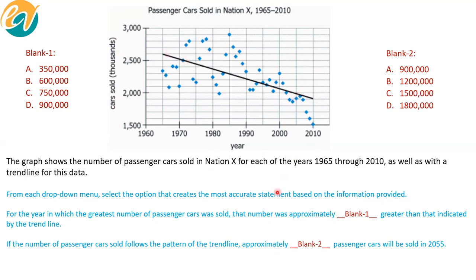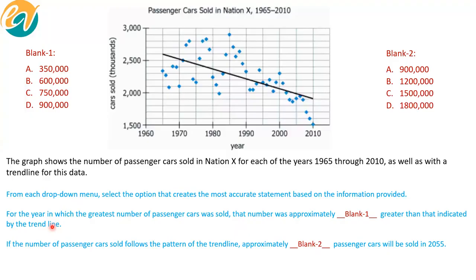And notice the trend line has already been drawn for you, so you don't have to visualize what the trend line would look like. For the year in which the greatest number of passenger cars was sold, that number was approximately dash, and these are the options, greater than that indicated by the trend line.